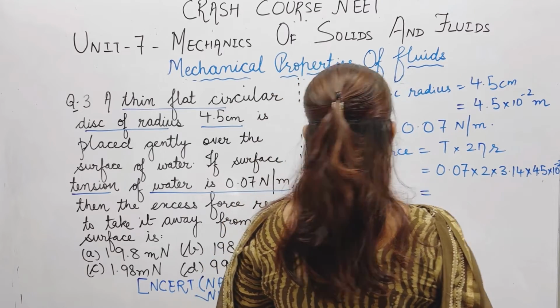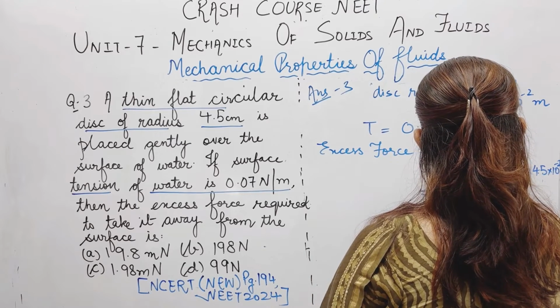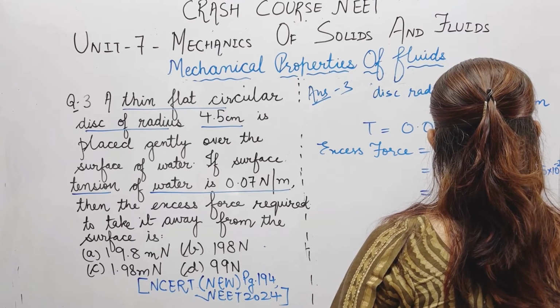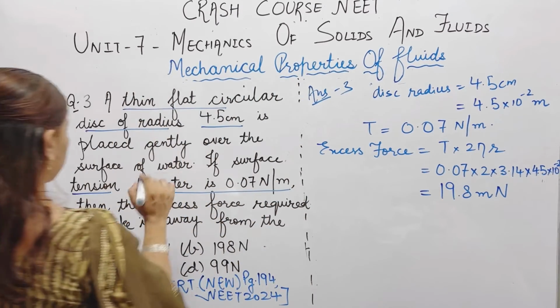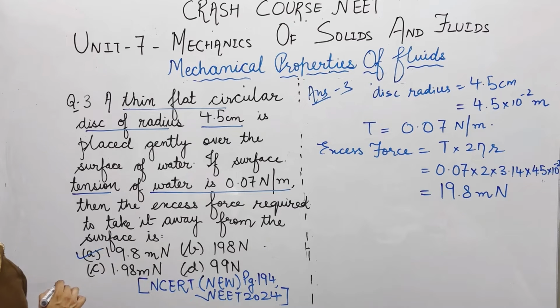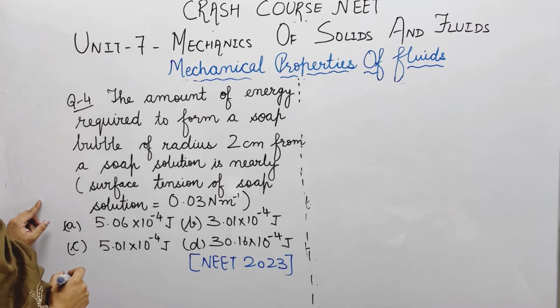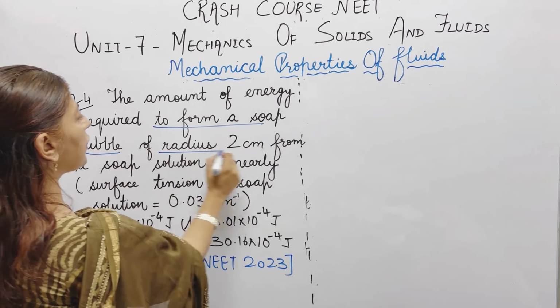And on solving this, the value comes out 19.8 meter Newton. So the answer for our numerical is option A, and the answer for the third is A option, 19.8 meter Newton.